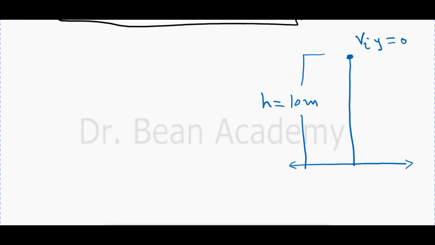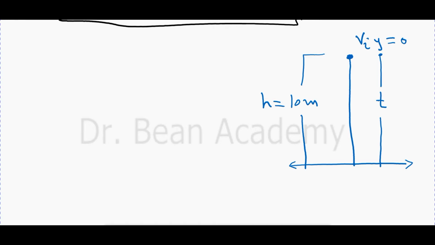We want to find the time it will take for the body to go from the maximum height to the ground, because we can simplify that two-dimensional motion into a one-dimensional vertical motion. So I know that I have equations of motion.